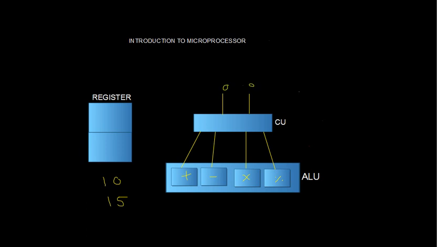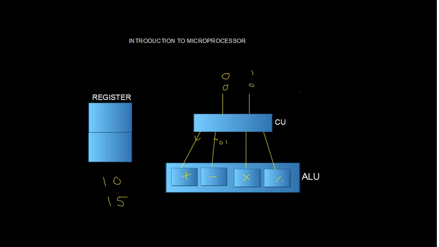if you give here 0 0, then out of these four lines the high signal will go to this adder circuit, and here addition operation is done. If you give here 0 1, then high signal will go to the subtractor circuit, and subtraction operation is done on these operands.